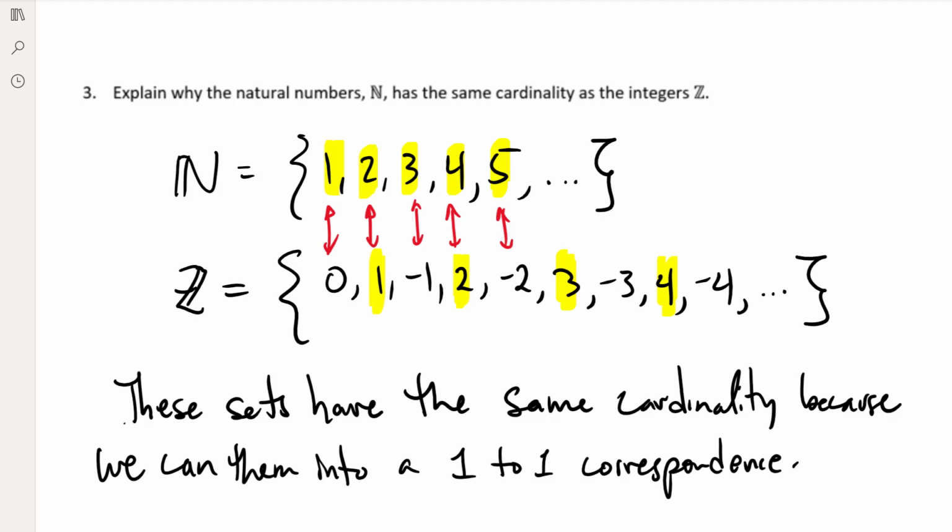Don't you expect that the integers would have been bigger? And the answer is it isn't bigger, even though that might be your expectation. Actually, they are the same size. We call them countably infinite. Both of these sets are countably infinite because they have the cardinality of the natural numbers. That's what it means to be countable. It has the same cardinality as the natural numbers.